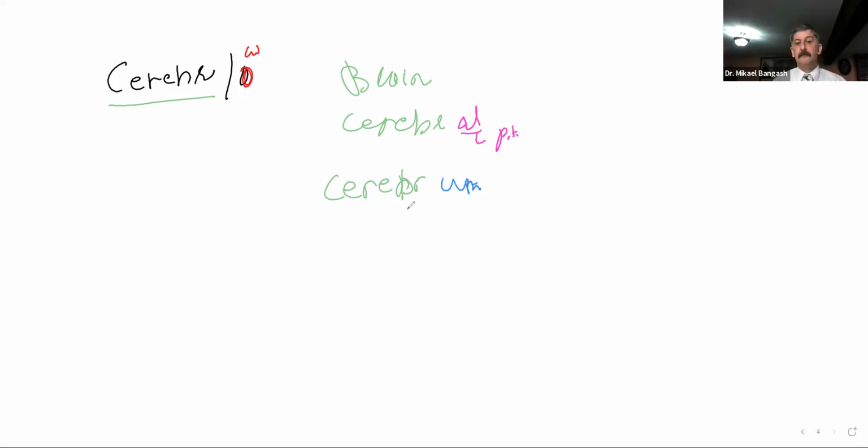So the cerebrum, if that's how you want to pronounce it, is just the name of the structure of your brain. The main bulk of your brain is made up of what they refer to as the cerebrum.